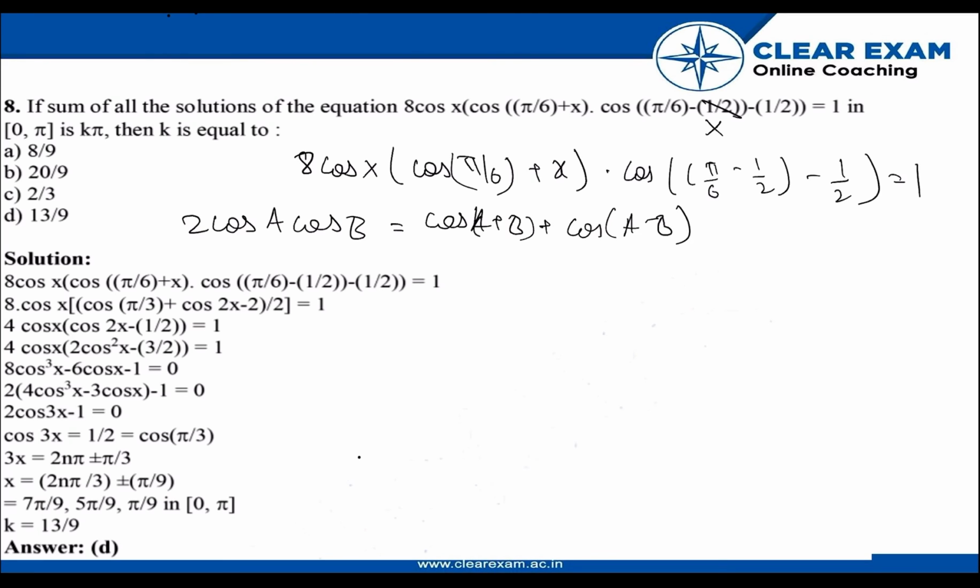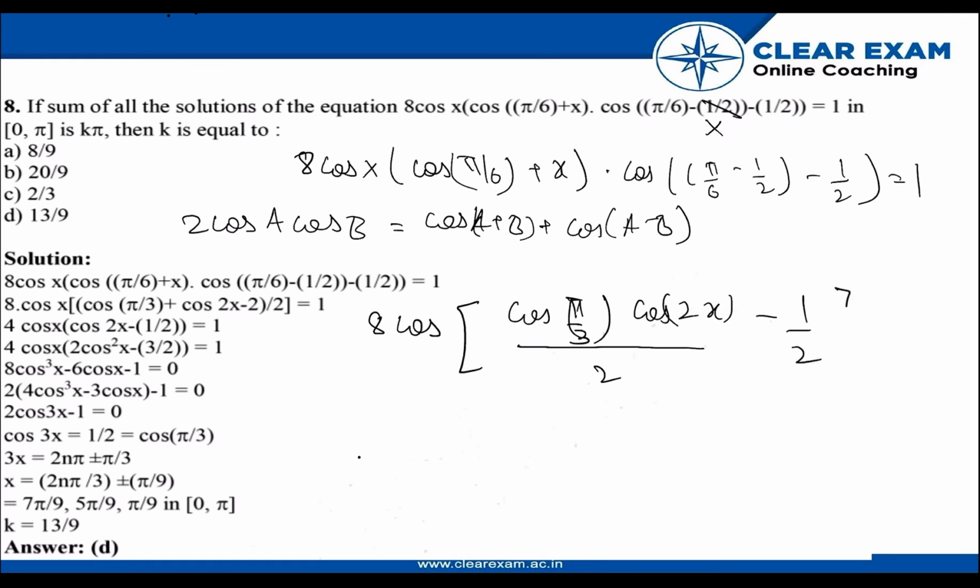This is applicable on the cos part inside the brackets. Let's try to solve that. 8 cos x, so the answer we get is cos π/3 into cos 2x upon 2, minus half, equals to 1.